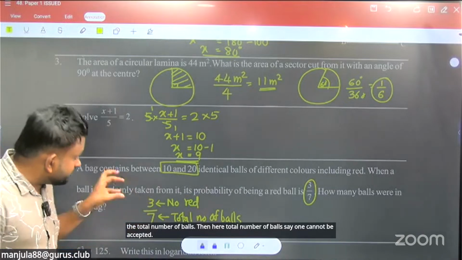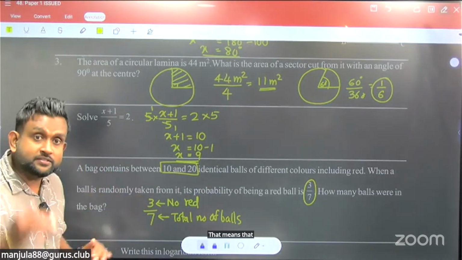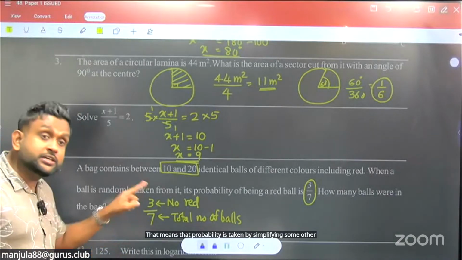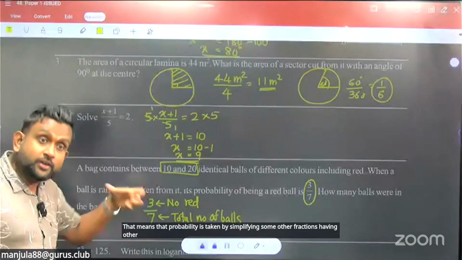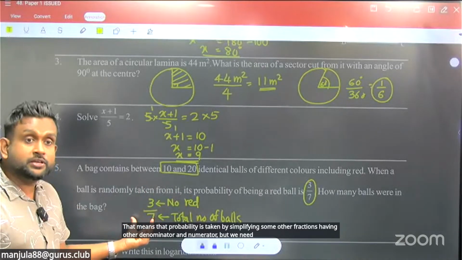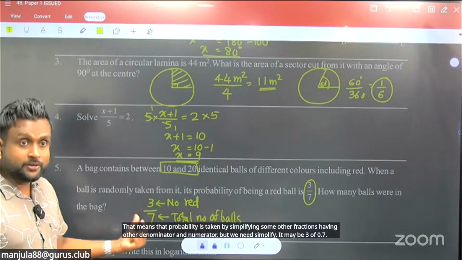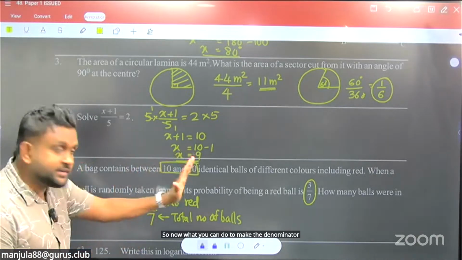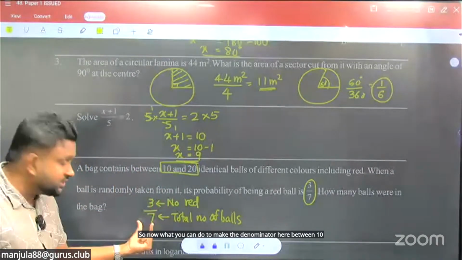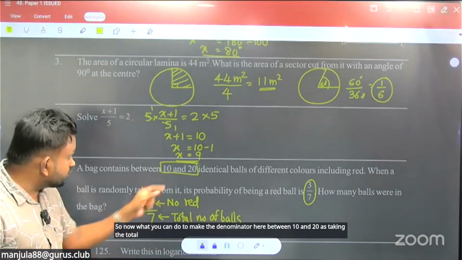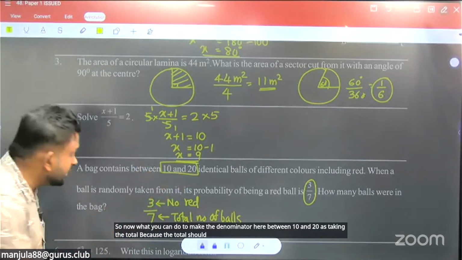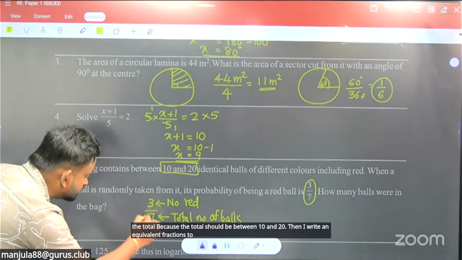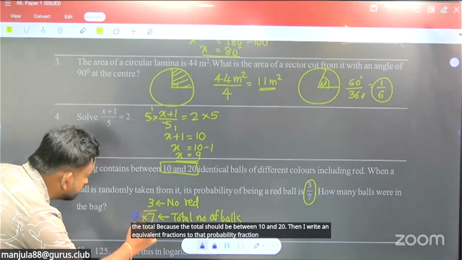That means the probability is taken by simplifying some other fraction having a different denominator and numerator, but when it simplifies, it may be 3 upon 7. So to make the denominator between 10 and 20, because the total should be between 10 and 20, I write an equivalent fraction to that probability fraction; I multiply by 2.